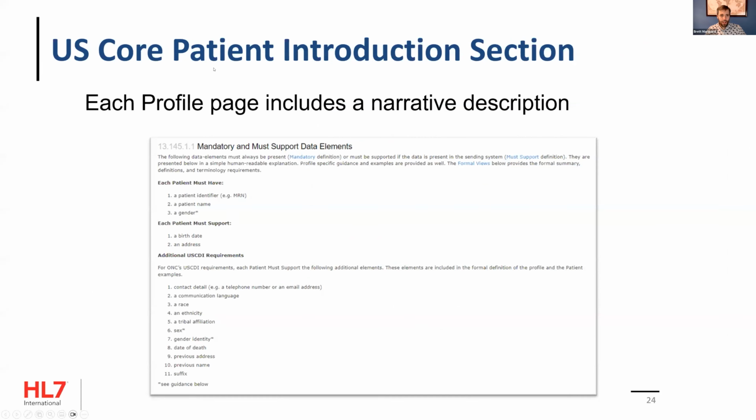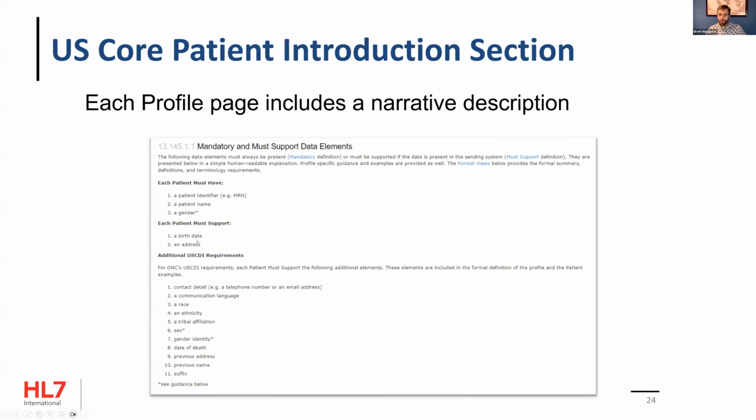And on each profile page, and this has evolved over time a fair bit, we have tried to be very clear about what each patient must have, and that means every instance is expected to have this. And then the idea of must support: the expectation is that your system is able to include this when you have it.